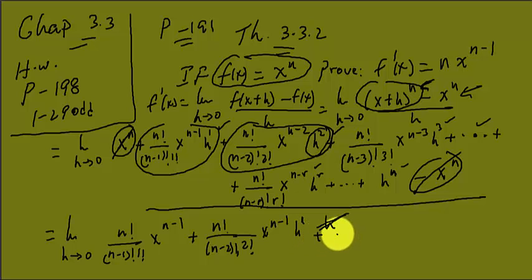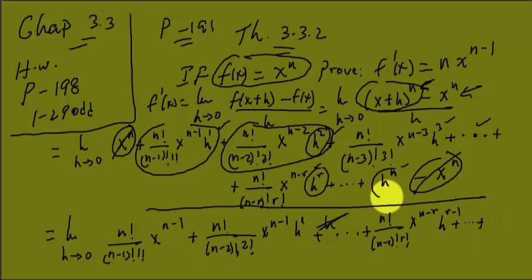And then plus dot dot dot, and then this will be one less h, so it'll be n factorial over n minus r factorial times r factorial, x to the n minus r, and that'll be h to the r minus 1. Excuse me, I factored one of the h's out, so it would be r minus 1. And then dot dot dot, and the last term will have one less, h to the n minus 1.